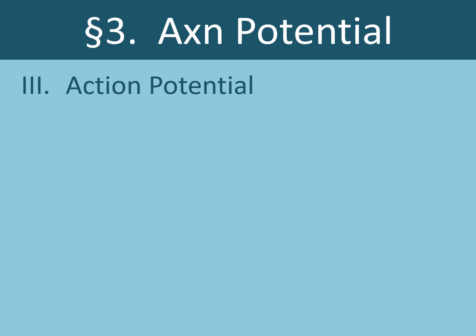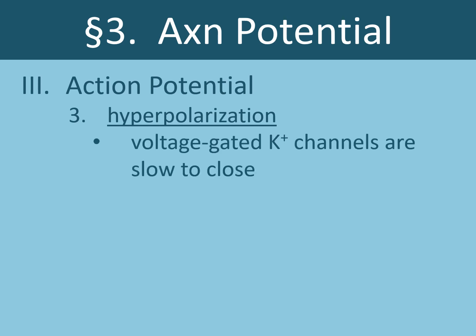Now, what causes potassium channels to close is actually a delayed timing effect. So those potassium channels close fairly slowly, and they actually allow extra potassium to leave the cell. And this creates our next stage, hyperpolarization. You can guess from the name that the inside is going to become even more polarized, even more negative than it was at rest.